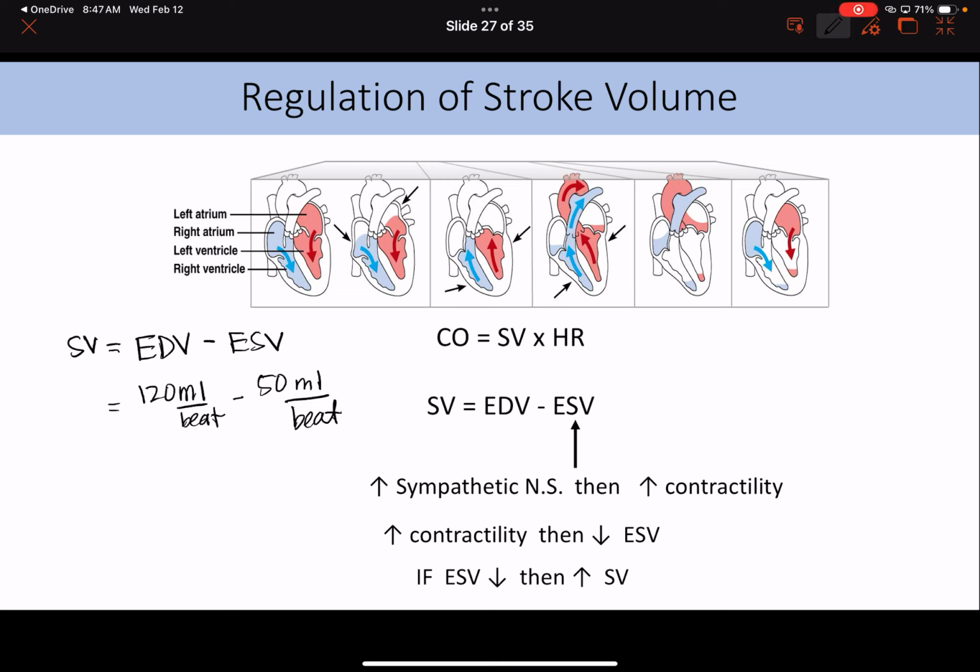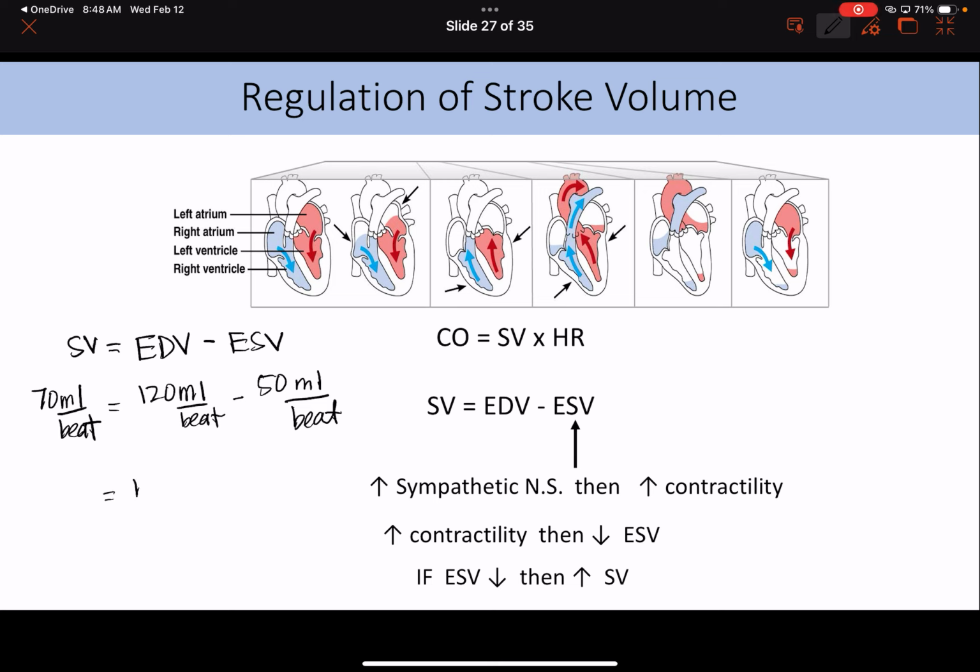So let's say we're in our fight or flight mode and epinephrine and norepinephrine were just released on the ventricles of the heart. The heart is now contracting more forcefully, and now there's less blood left over in the ventricles because of that increase in contractility. So our starting volume is still the same. But let's say our ESV goes down because our contractility went up.